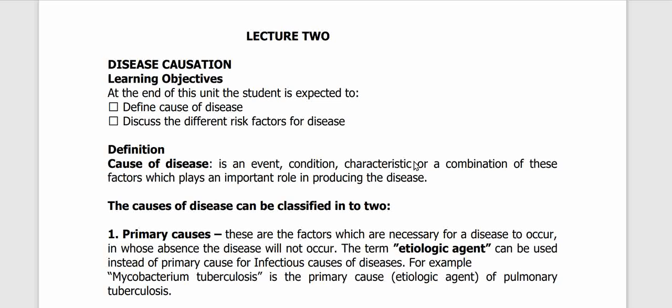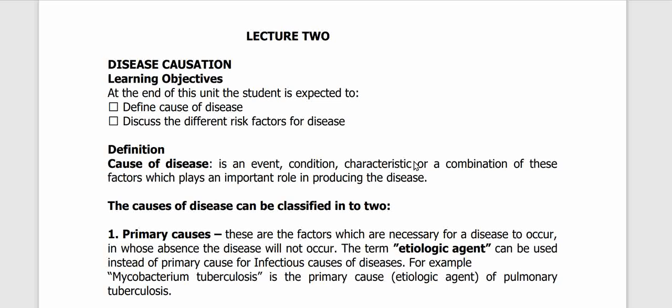For example, if there is no retrovirus, there is no way HIV can happen. HIV/AIDS cannot happen in the absence of the HIV virus, which we call a retrovirus. Another example is tuberculosis, which is caused by mycobacterium. In the absence of mycobacterium, tuberculosis cannot happen.